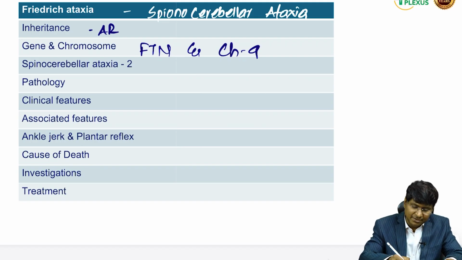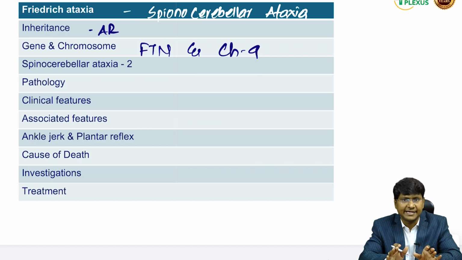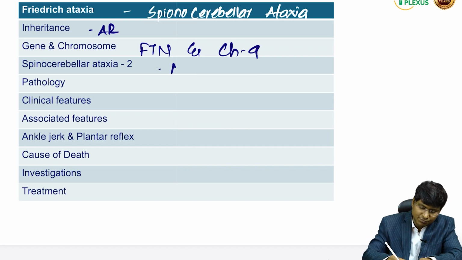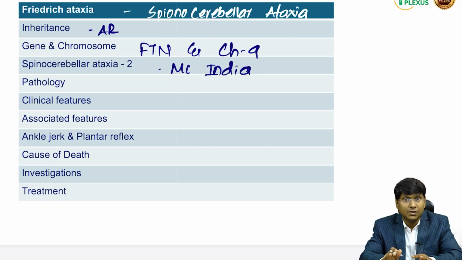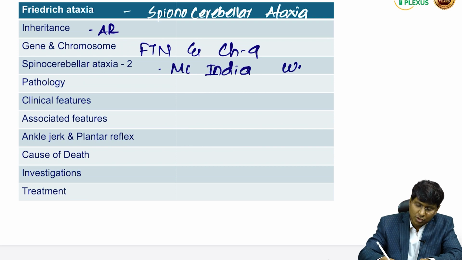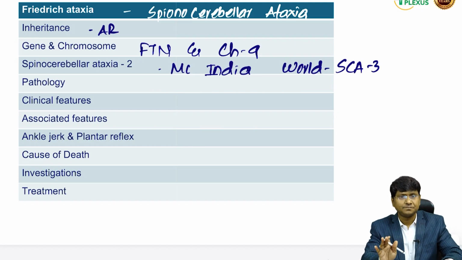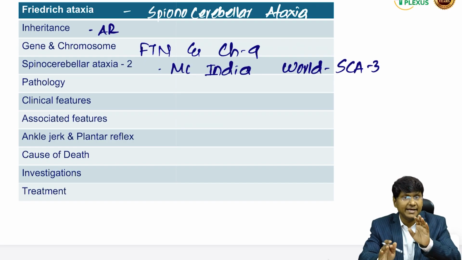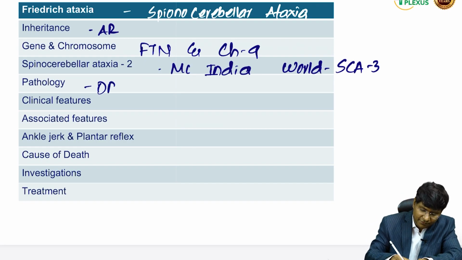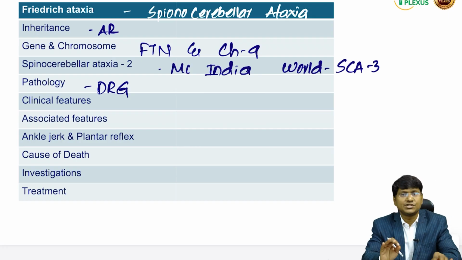In spinocerebellar ataxia we have multiple types, but the most common in India is spinocerebellar ataxia type 2, whereas the most common all over the world is spinocerebellar ataxia type 3. In the pathology, it is mainly the involvement of the dorsal root ganglia.